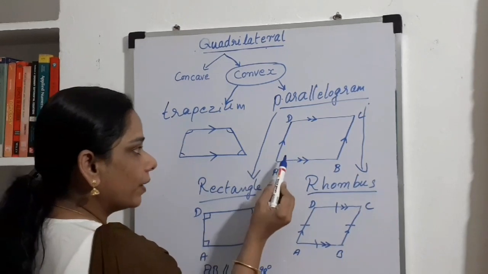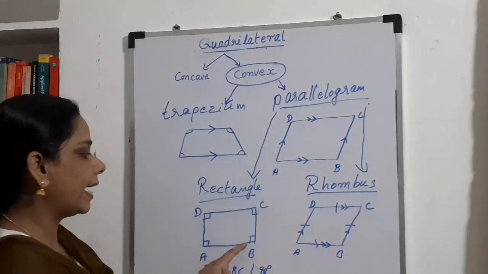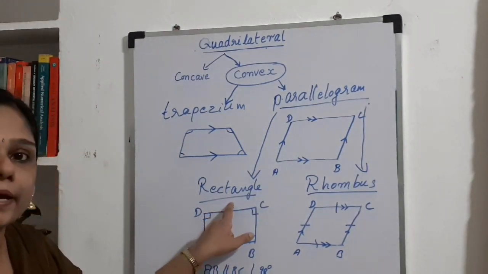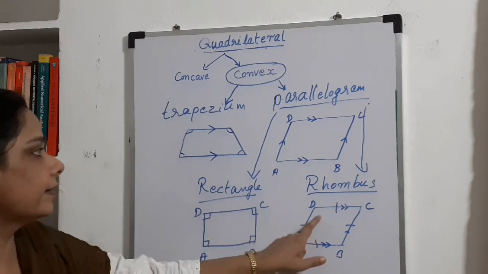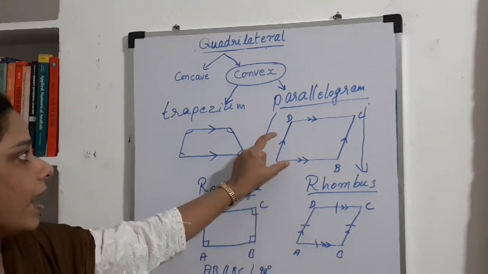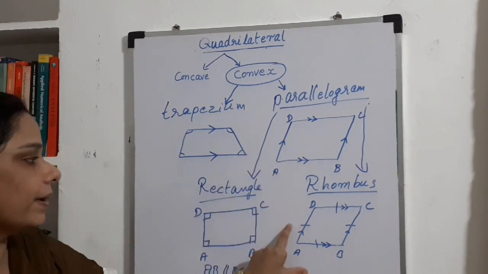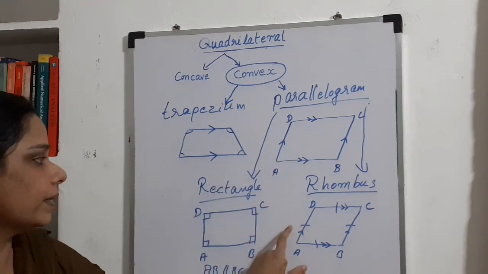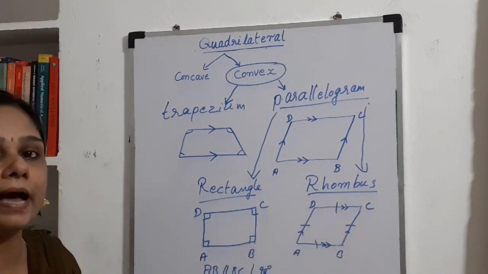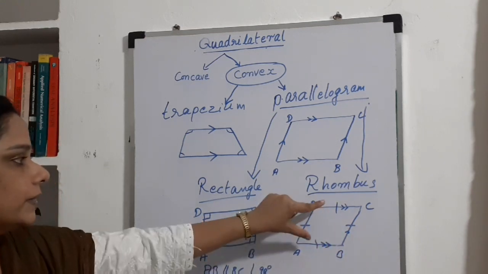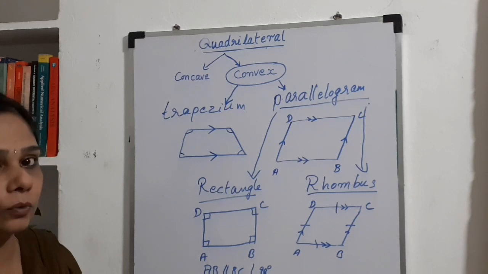In that parallelogram, if all the angles become 90 degrees, then it will become a rectangle. And in a parallelogram, if adjacent sides have equal length, it will become a rhombus. In a rhombus, all the four sides will have the same length. Opposite sides will be parallel also.